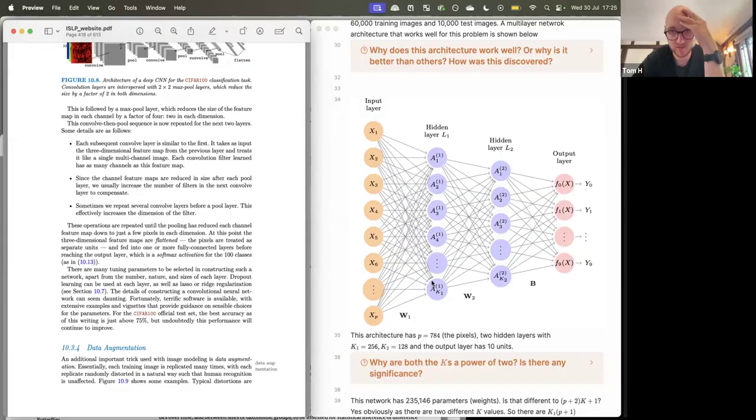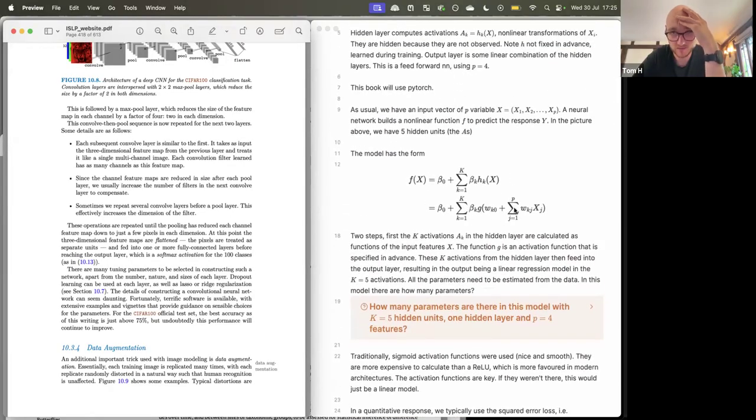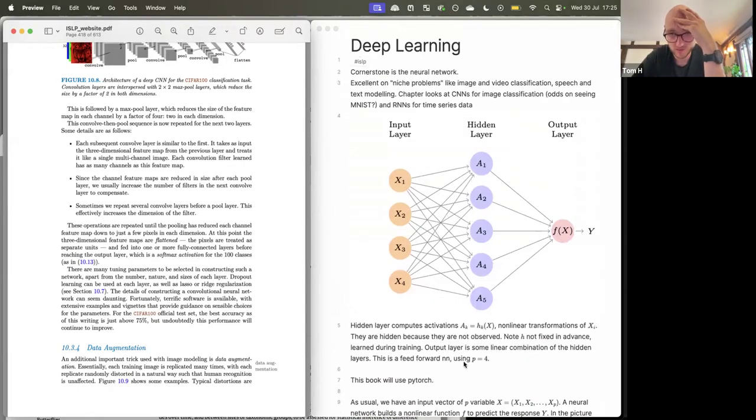Because the filters are taking the place of the functions, where here we had our P, which was the number of units. No, sorry, not P. This 1 to 5, how many units you have in your hidden layers, is the number of functions. Here we're talking about filters rather than units.